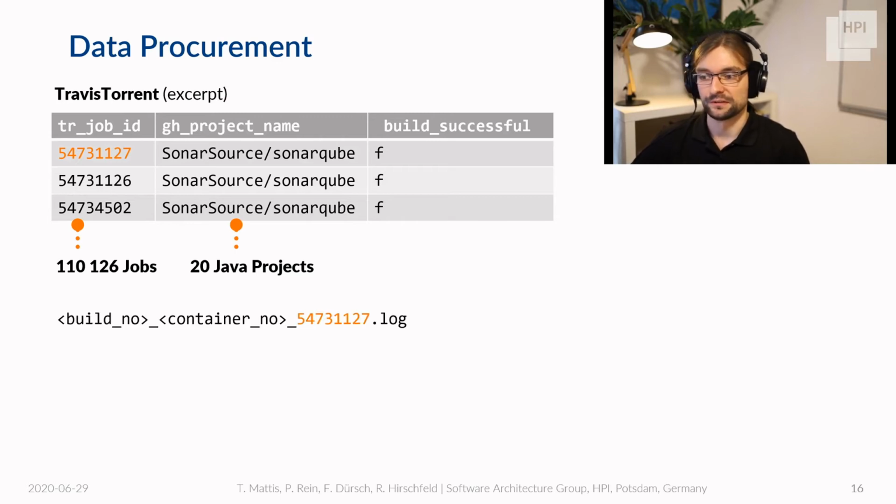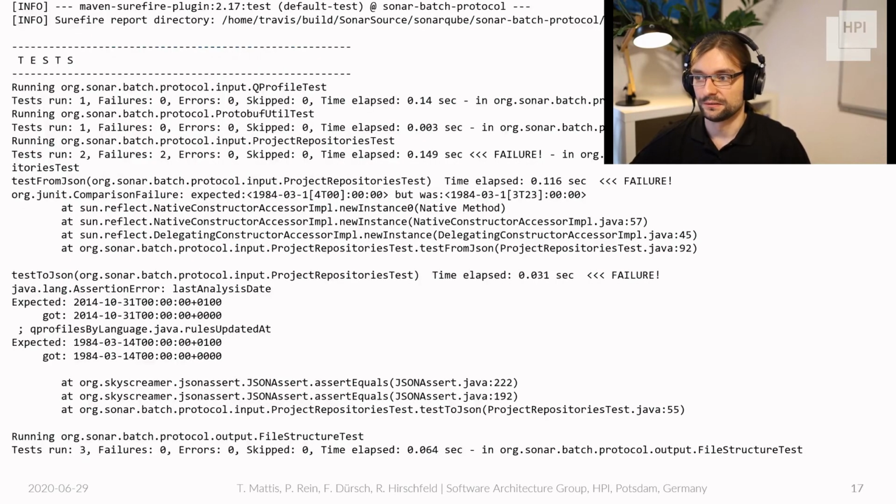Now we look at the log files. The log files typically have the job ID at the end of the file name, so we can identify them. And in these log files there is a lot of noisy debug output, but at some point we see test results.